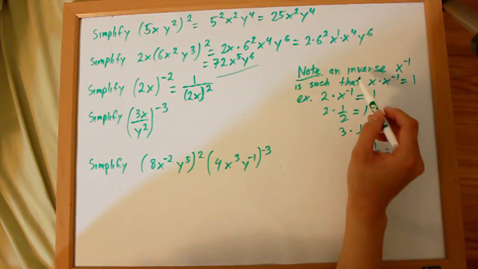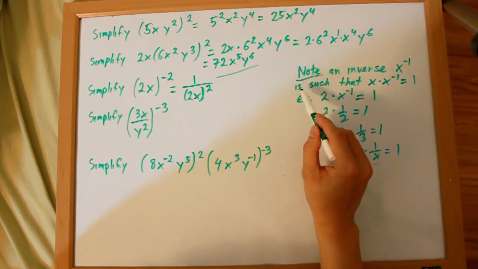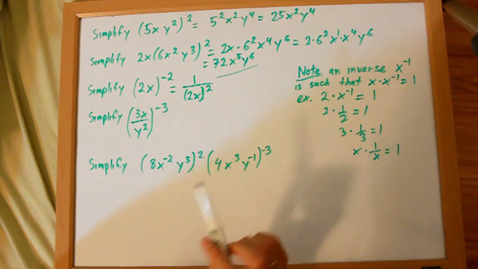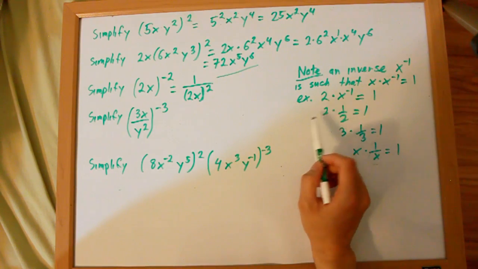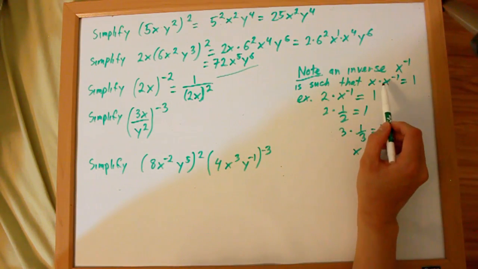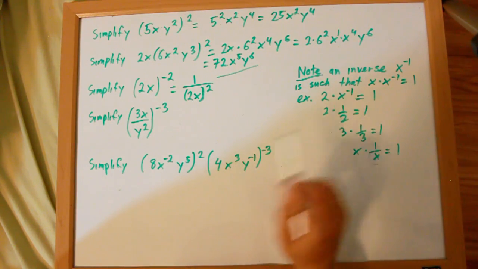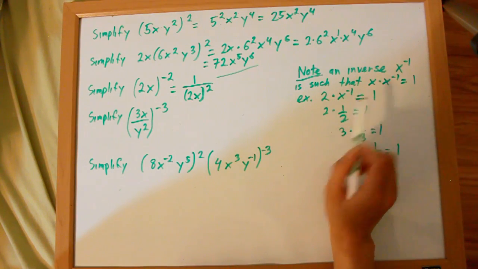Note here, an inverse x to the negative 1 is such that x times x inverse is equal to 1. What that means is some number x times its inverse will always equal 1. These are some examples. 2 times x inverse is equal to 1.